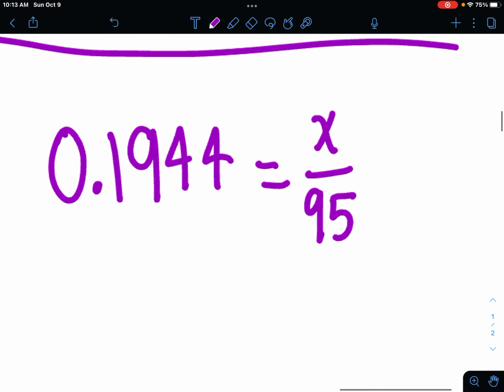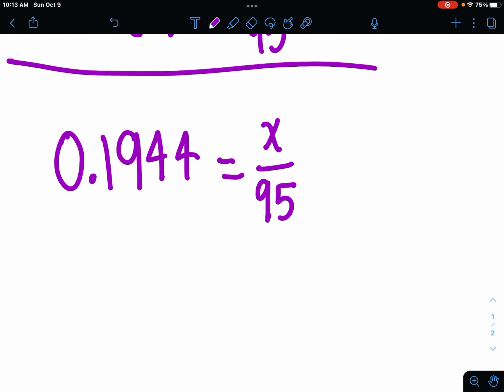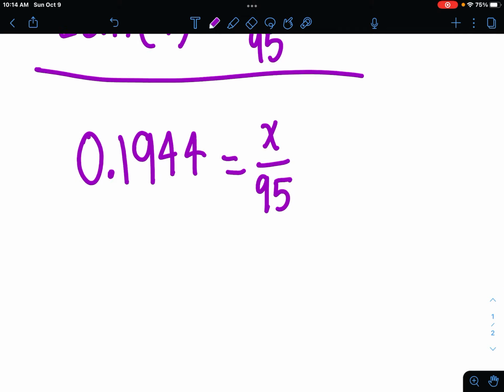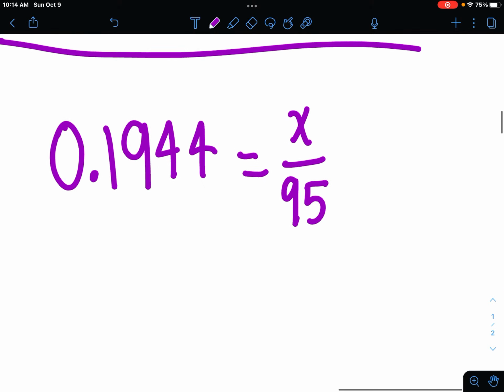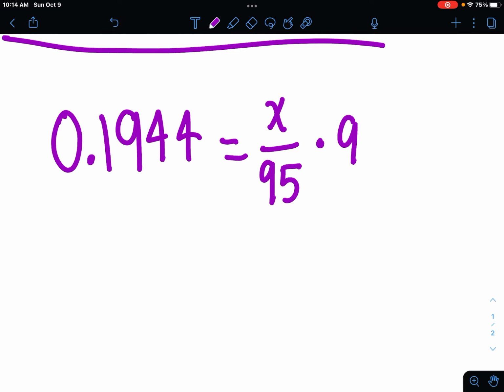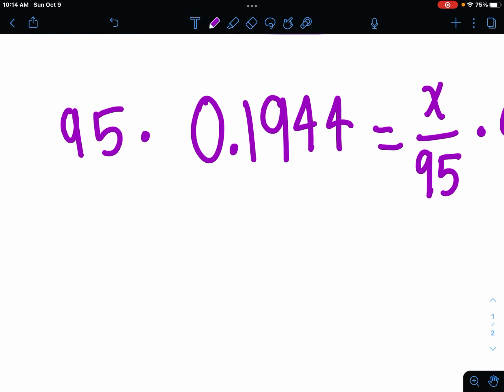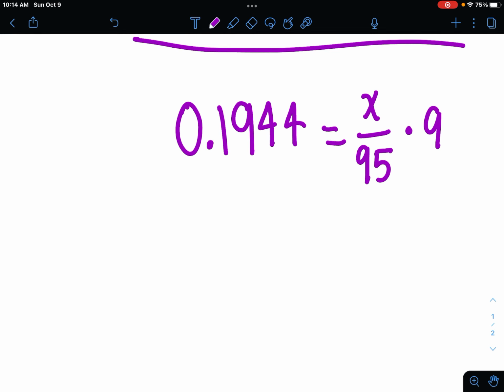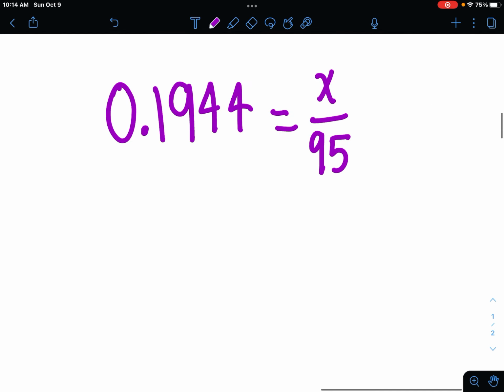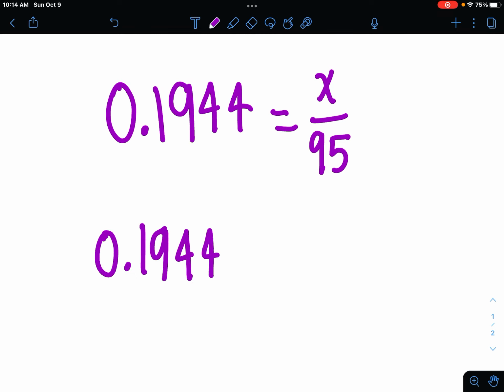Alright, now in order to get x by itself, we want x equal to something. This is what we want in the end. And to do that, this is just very simple algebra. What we need to do is multiply 95 on each side. If we do that, I'll make this a lot cleaner: 0.1944 times 95 equal to x.